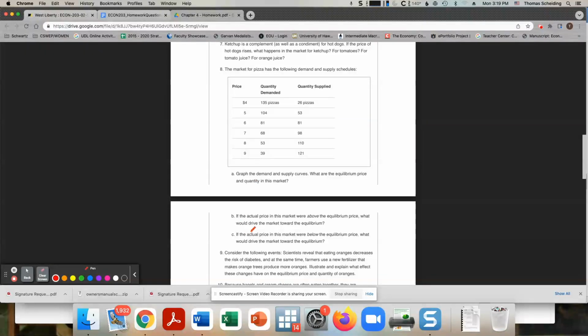If the price were above $6, so let's say $7, what you can continually see is that the quantity supplied is greater than the quantity demanded, and that's exactly what you would write here. What happens if it's below the equilibrium price, such as 4 and 5? Then the quantity demanded is greater than the quantity supplied, and that's exactly what you would put here.